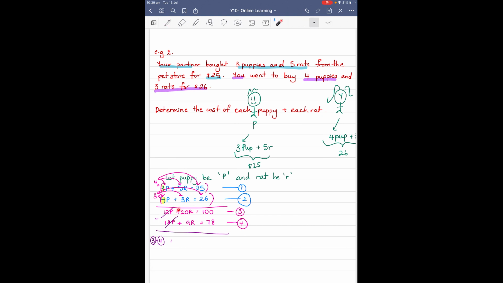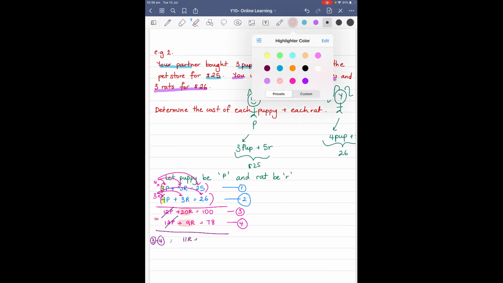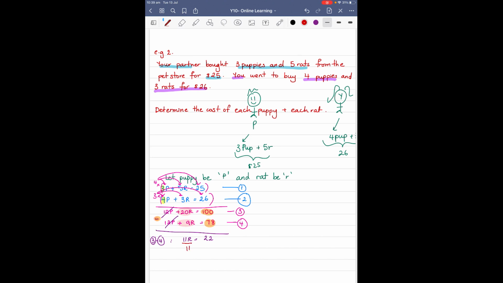Then we have positive 20r minus positive 9r. 20 minus 9 is 11r. And then 100 minus 78 is 22. You want r on its own, so we're going to divide both sides by 11. Your r is now 2.